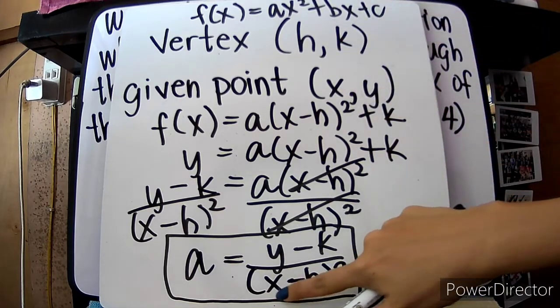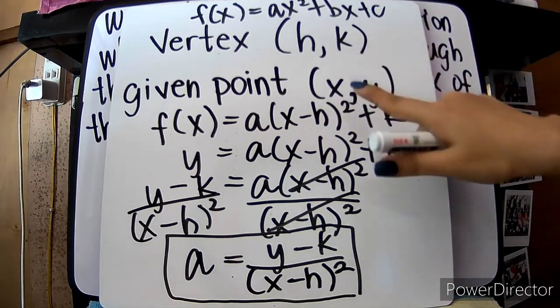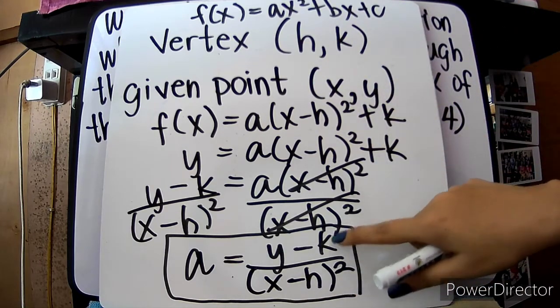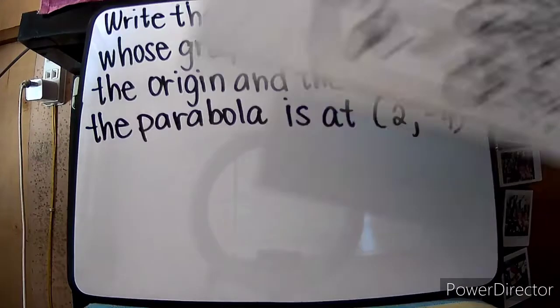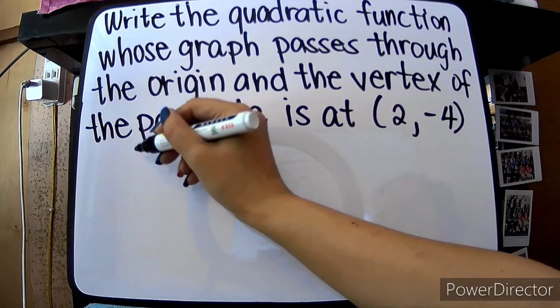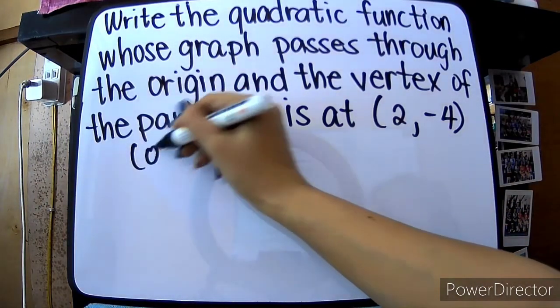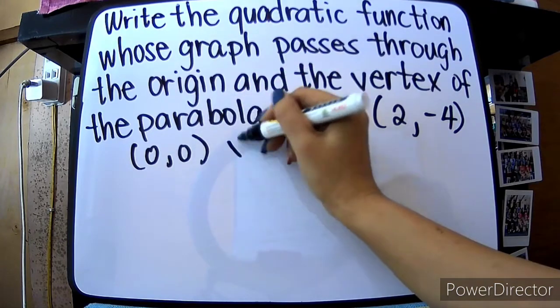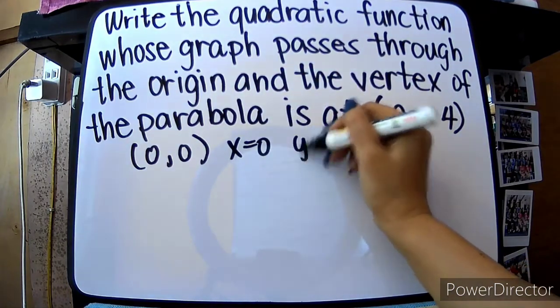And also dito yung x. And then, yung h and k natin, identify natin, then we'll be substituting here. So, yun muna ipapakita ko sa inyo. Denote natin yung formula natin, or list down natin yung formula natin. So, yung ating x, y is (0, 0). So, x is equals to 0, y is equals to 0.